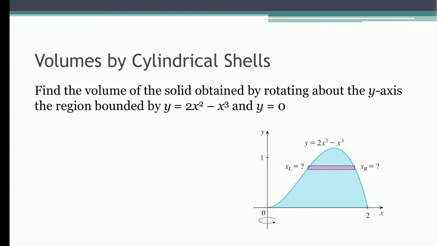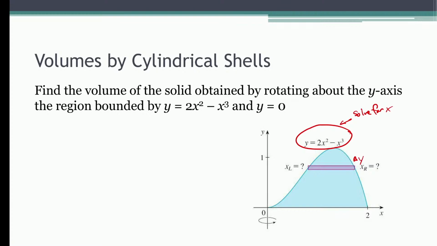So what is that function? In other words, I would have to solve for x as a function of y, and this is a cubic. It is possible to do that. I don't want to, so I'm not going to. You could, but it's not very fun.